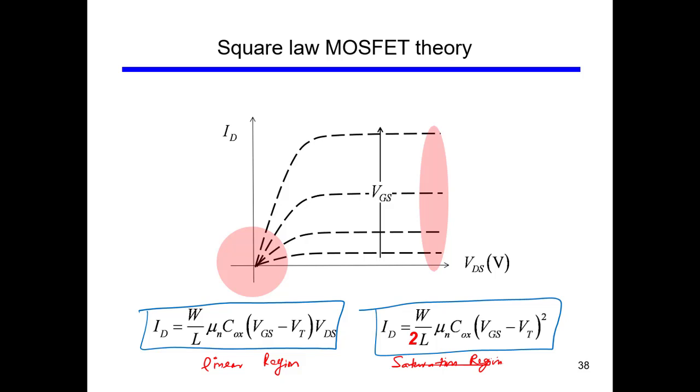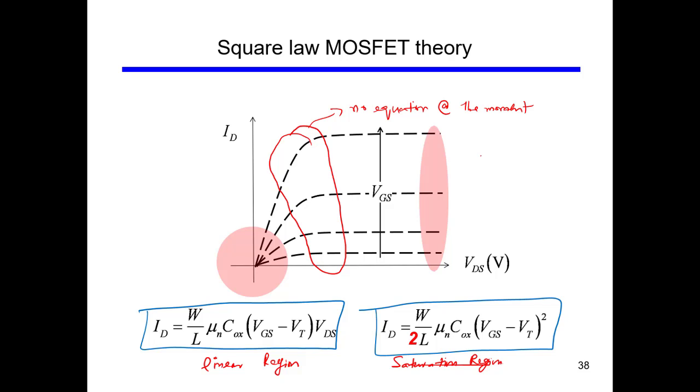But what happens between these two regions? We have no equation at the moment. So for this, we need to develop the square law theory.